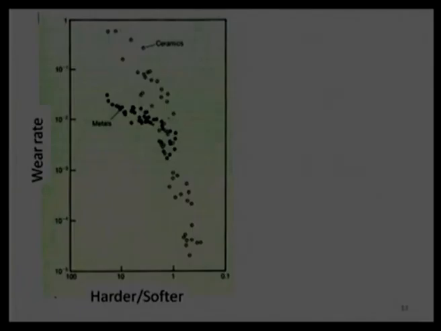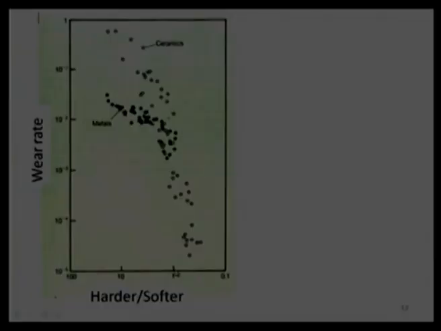If the height is too high, it will act as a very weak element in surface. It will simply rupture from the surface. So, even for the equal hardness, there will be wear rate, and that is indicated here. Even when this ratio is equal to 1, still there is a wear rate.